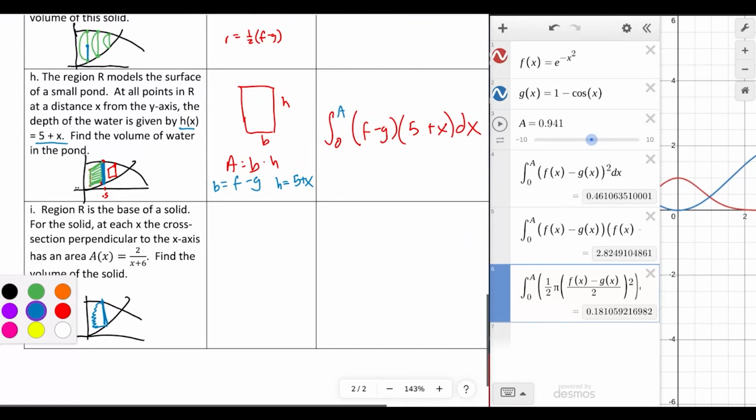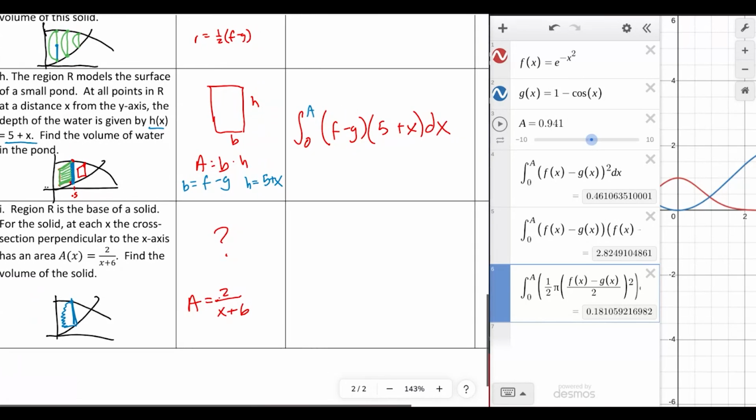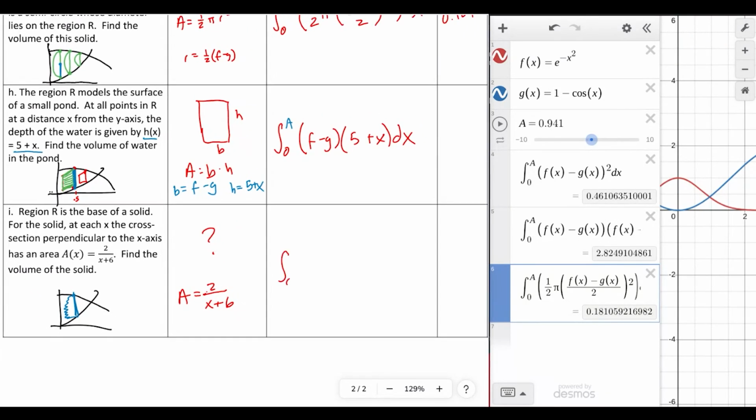And all of these integrals are going to be set up the same way. It's going to be the integral of the area times dx, the base area. So this one's 2 over x plus 6. We don't really have a diagram here because we don't know what it looks like. But we can still compute the total volume going from 0 to a and multiplying the base area times dx.